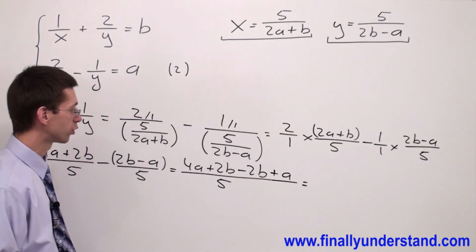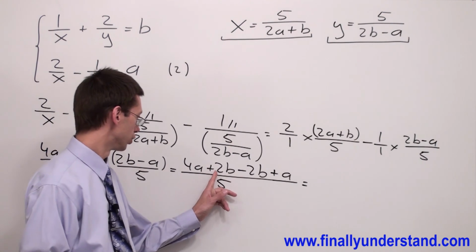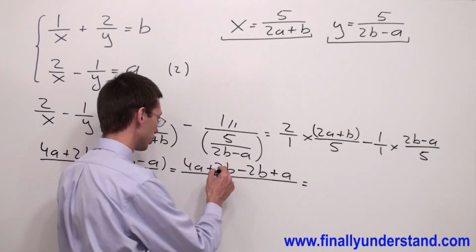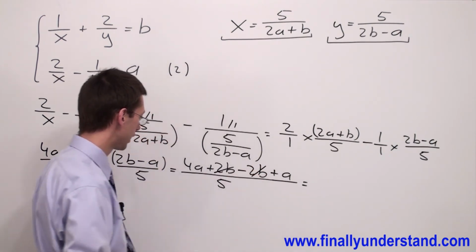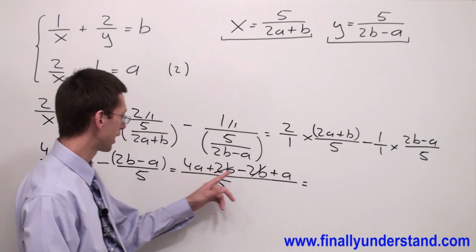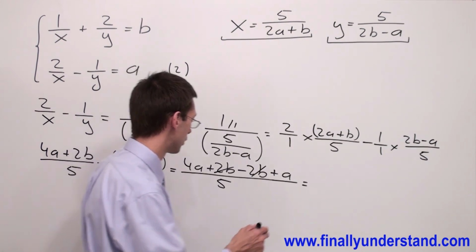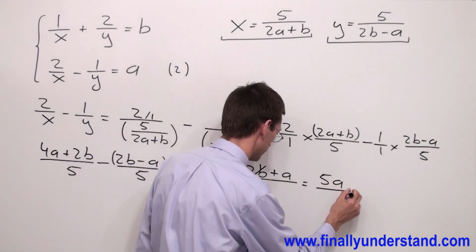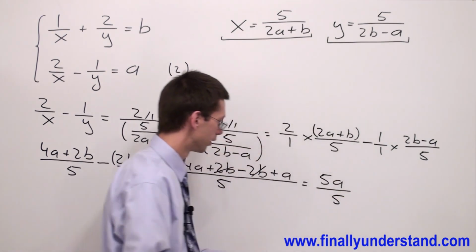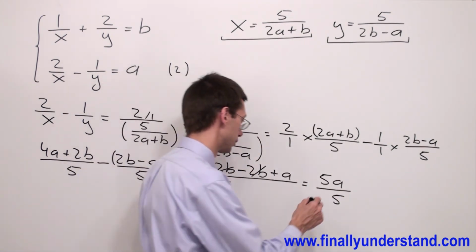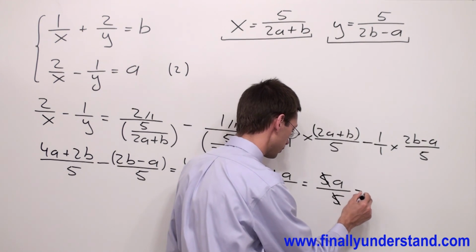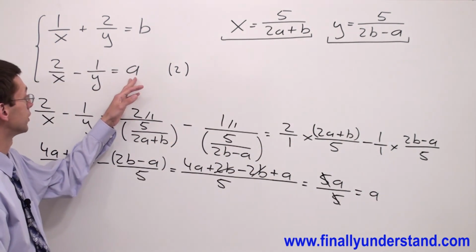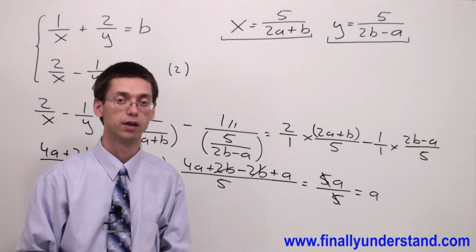Next, I'm supposed to combine the like terms. I have 2b minus 2b. These two terms are going to subtract each other. And I have 4a plus a, which is equal to 5a. Of course, everything over 5. 5 and 5 will cancel out. Okay, so my answer is a. Please notice that on the right side of the second equation we have a.